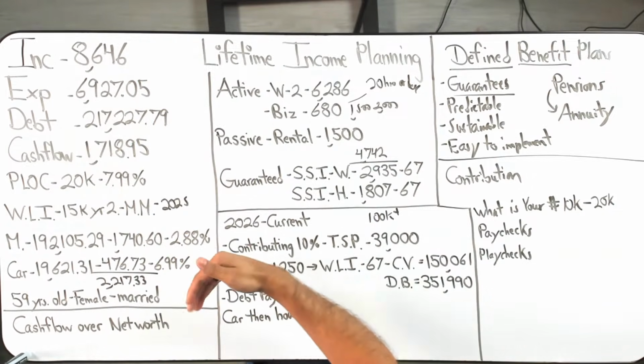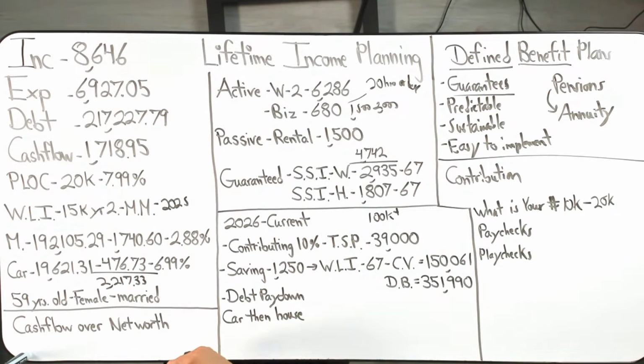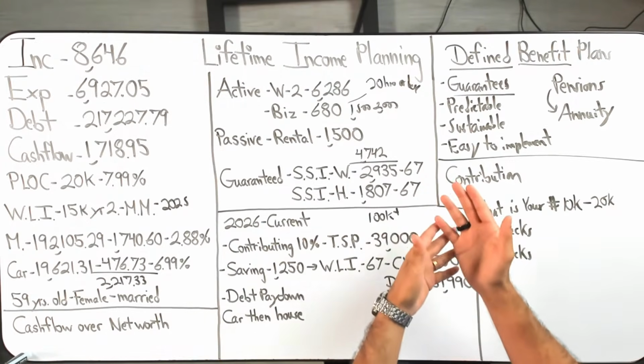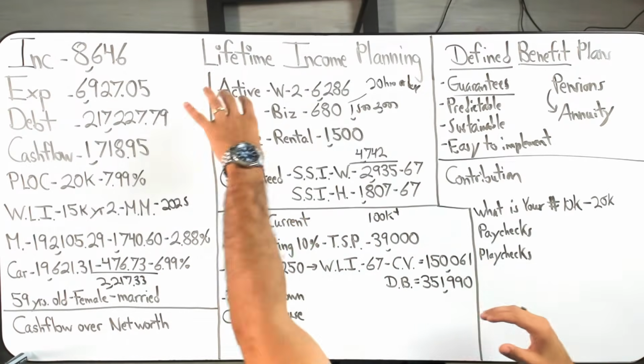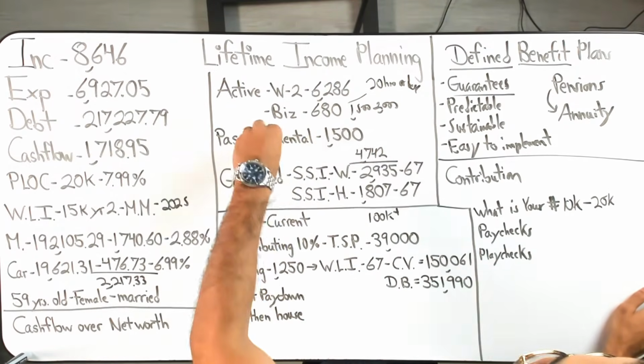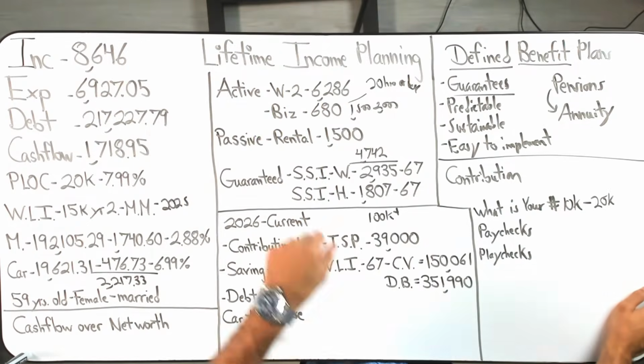The expense number goes down even more and they really truly set themselves up for a healthy retirement where none of their active and passive income is being used for expenses.